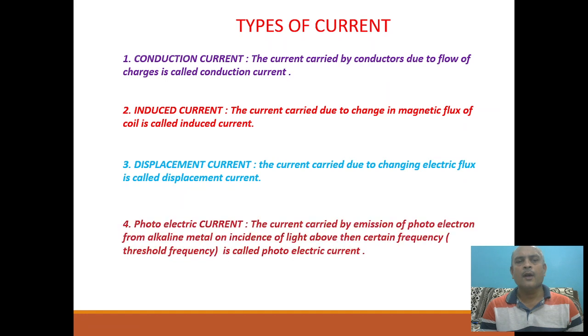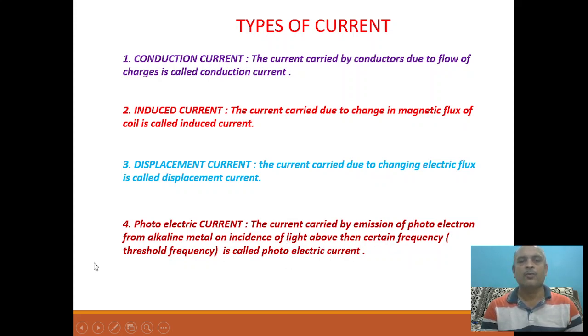One more current we will discuss in the next book this year, that is photoelectric current. It is the current carried by the emission of photoelectrons, electrons coming out from the surface of metals, actually alkaline metals which have a very small threshold frequency. We will discuss it in detail in the second book. It is the current carried by the emission of photoelectrons from an alkaline metal on incidence of light above a certain frequency.